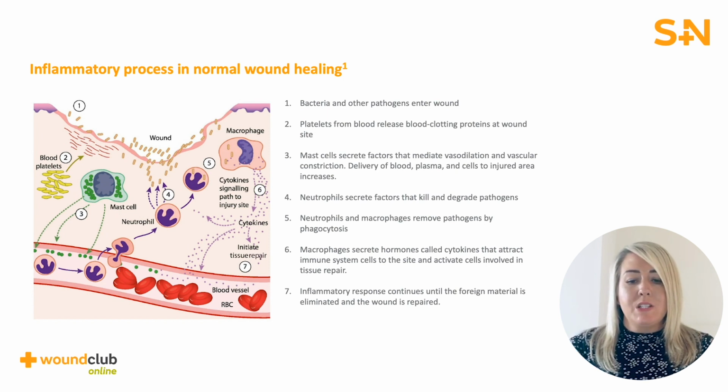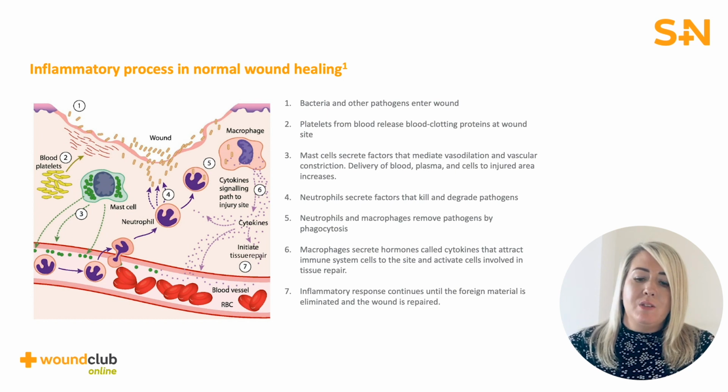Finally, macrophages secrete hormones called cytokines that attract immune system cells to the site and activate cells involved in tissue repair. This inflammatory response continues until all foreign material is eliminated and the wound is repaired.